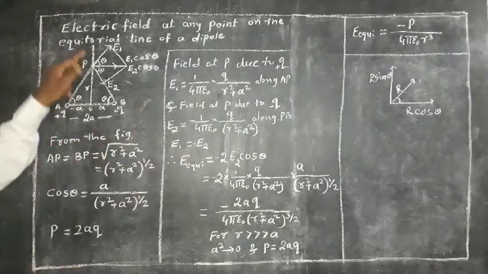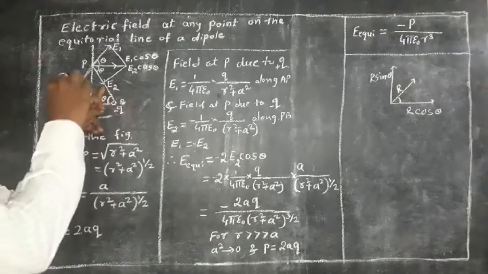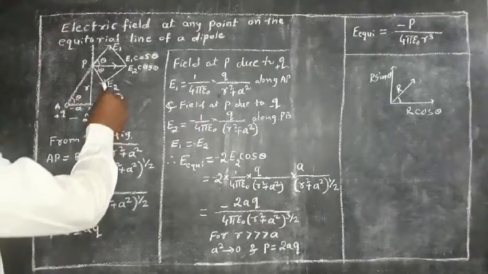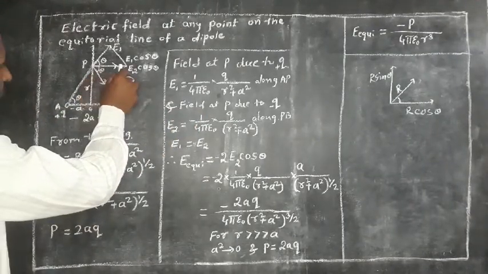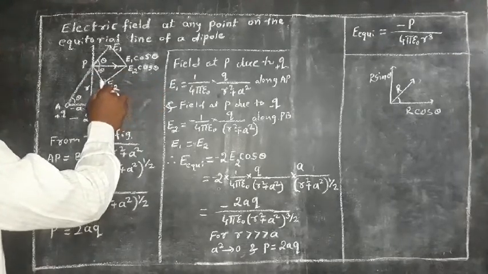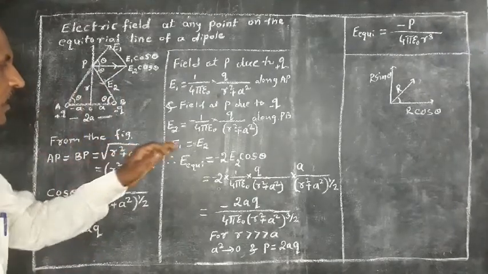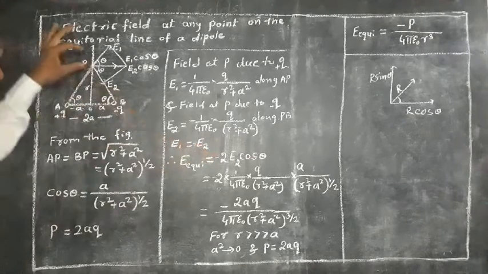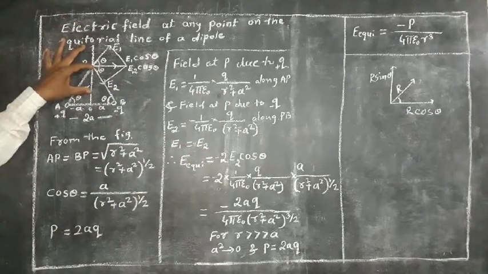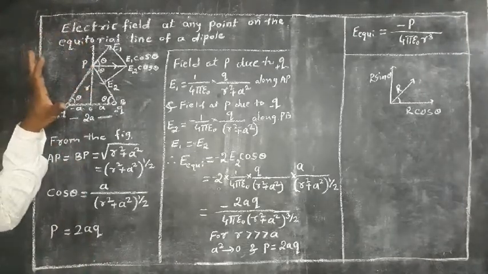And the components of E2 are also neither along horizontal nor along vertical. Therefore, the component of E2 along the horizontal is E2 cos theta, and the component of E2 along the vertical axis is E2 sin theta. Since E1 equals E2, E1 sin theta is also equal to E2 sin theta, but they are in opposite directions, hence they get cancelled.